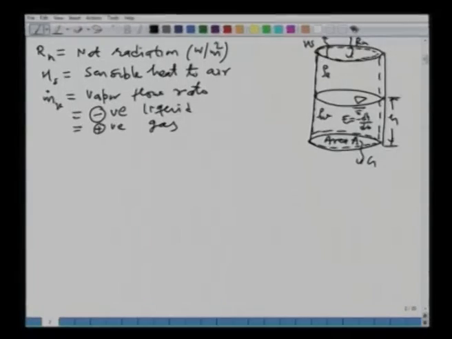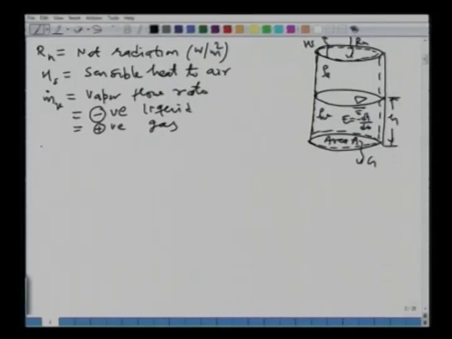It has a positive value for the water vapor, because it is increasing as a function of time, and m_v dot is negative for liquid. As per the law of conservation of mass, as we know, the mass cannot be created or destroyed, but it can change its phase. So, that is what is happening in this case. So, that is m_v dot.